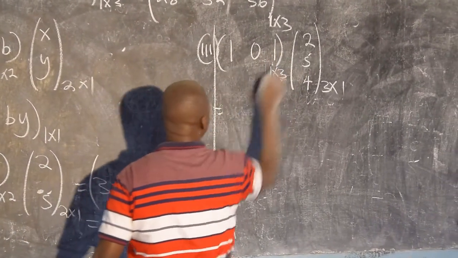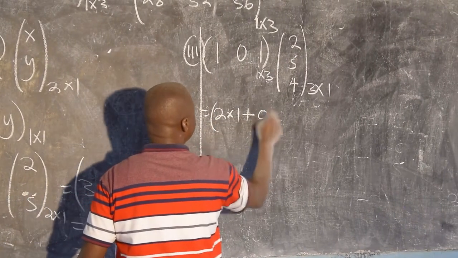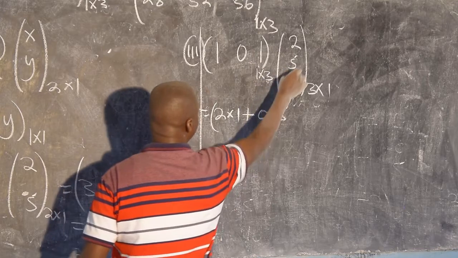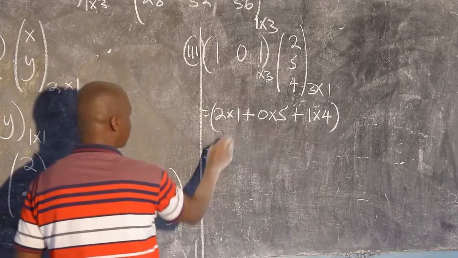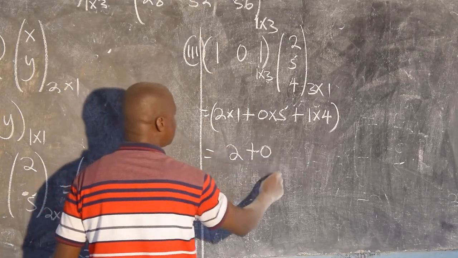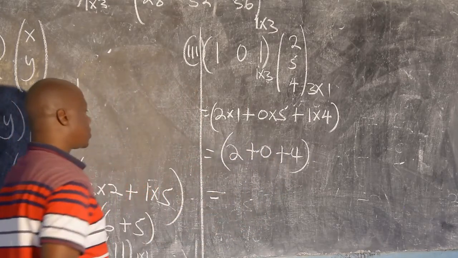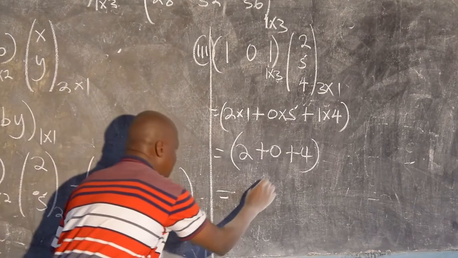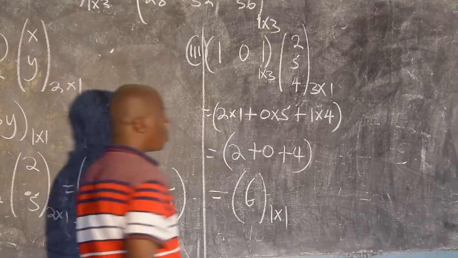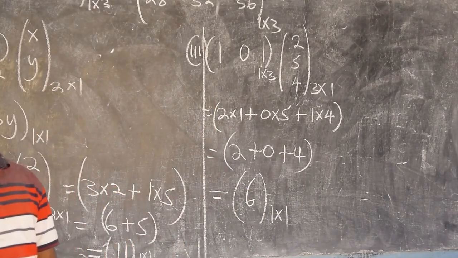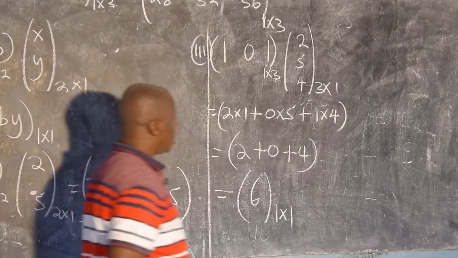This one gives 2 times 1 plus 0 times 5 plus 1 times 4, and this is 2 plus 0 plus 4. The answer is 6. And this is a 1 by 1 matrix.